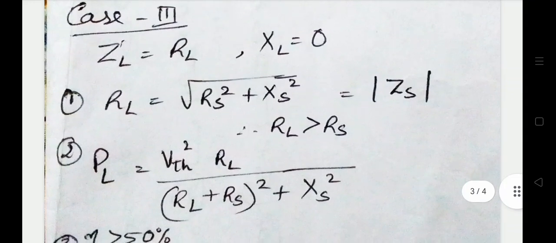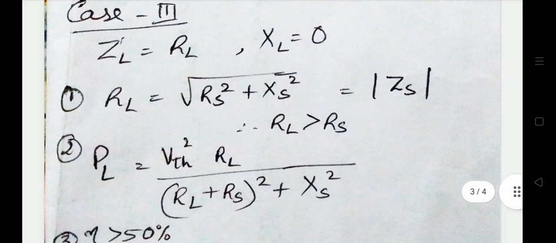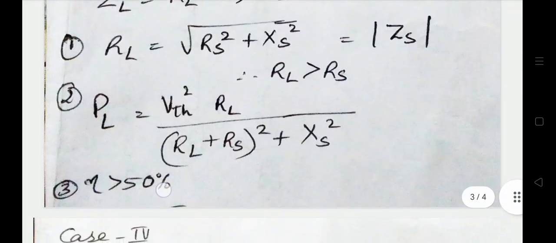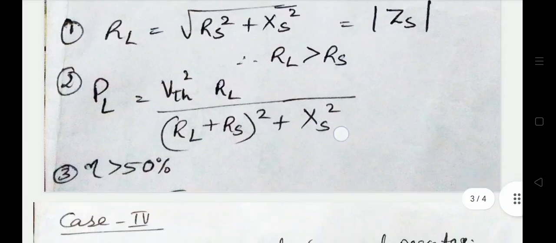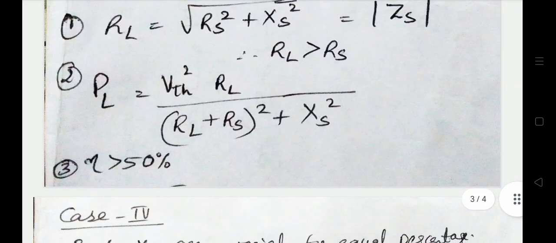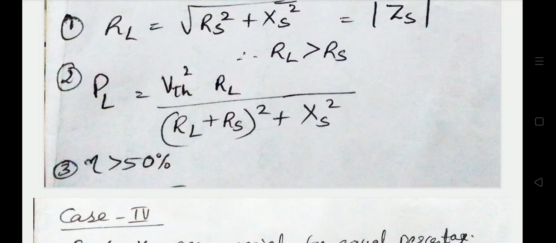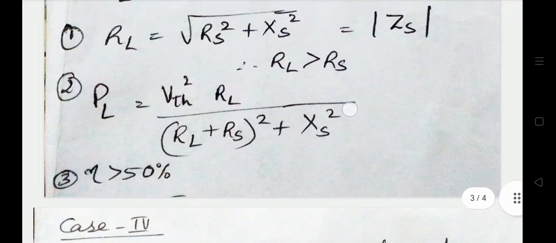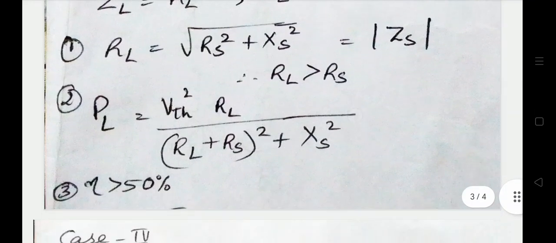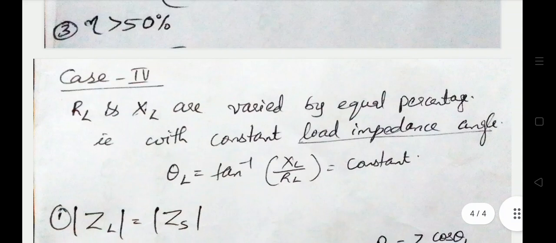Here also the RL value is greater than RS, therefore efficiency is also greater than 50%. To find load power, VTH square into RL divided by (RL plus RS) the whole square plus XS square. Why am I telling all these cases? Because after understanding these cases, when we move on to the options given, we can clearly understand what the statements say exactly.